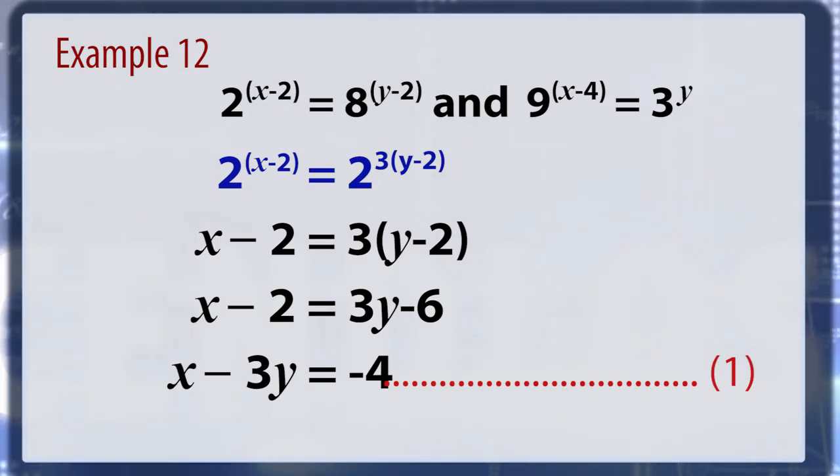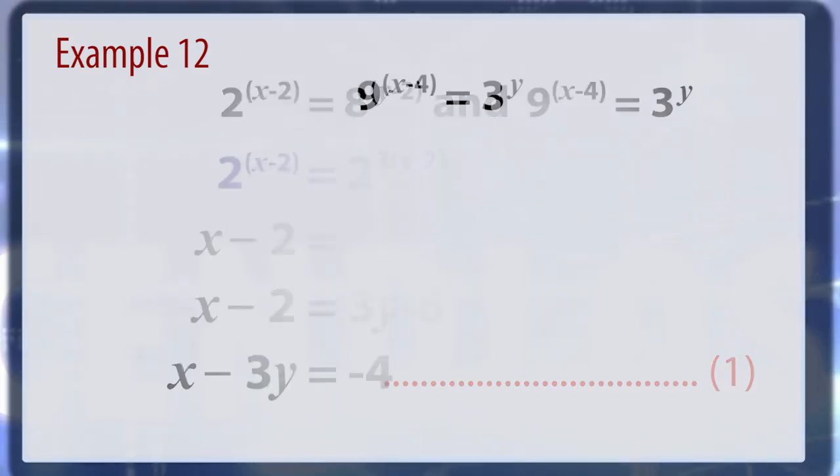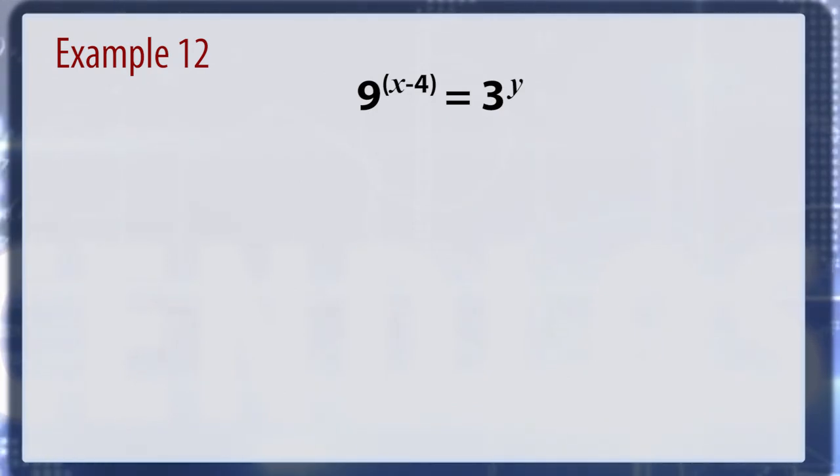Then we go and pick our second equation and do the same thing. So this time we are taking 9 to the power x minus 4 is equal to 3 to the power y. We have to make the bases the same. So that will give us 3 raised to the power 2 for 9 raised to the power x minus 4 on our left-hand side.